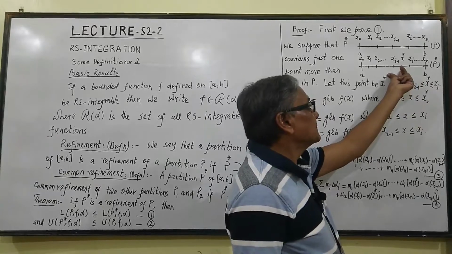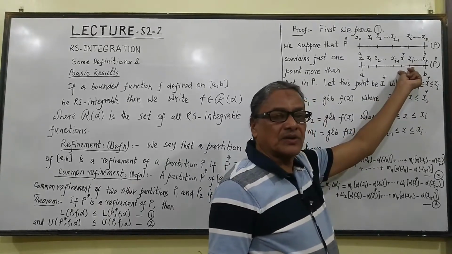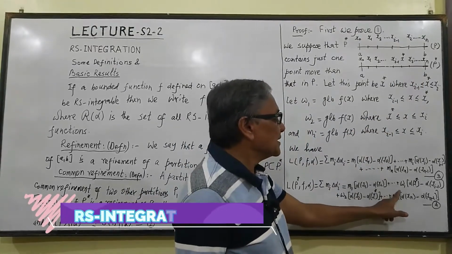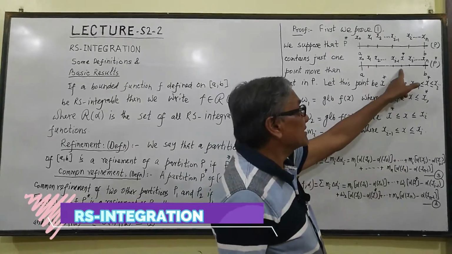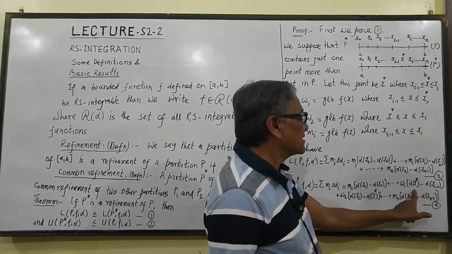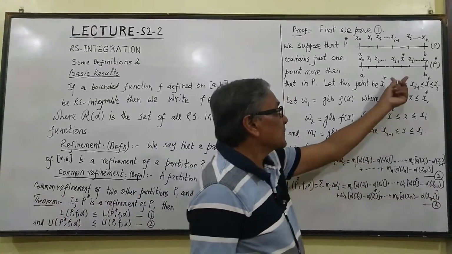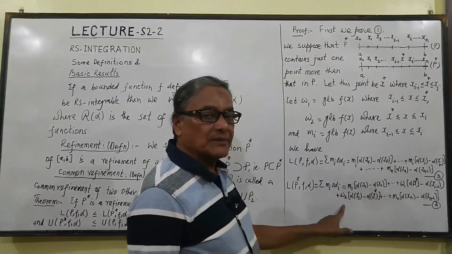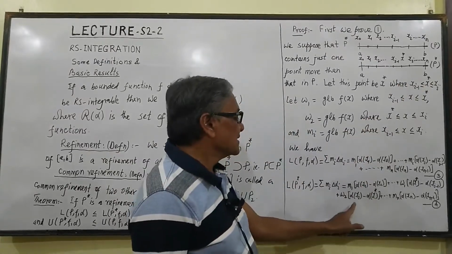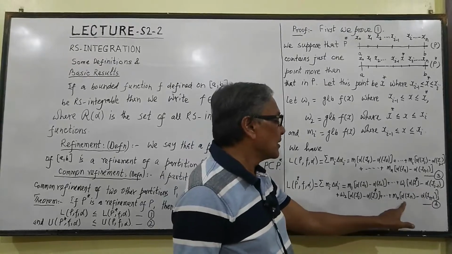In this part the lower bound is w1 and in this part its lower bound is w2. So it will be w1 times alpha(x star) minus alpha(x(i-1)), plus in this part it will be w2 times alpha(x(i)) minus alpha(x star), and so on.